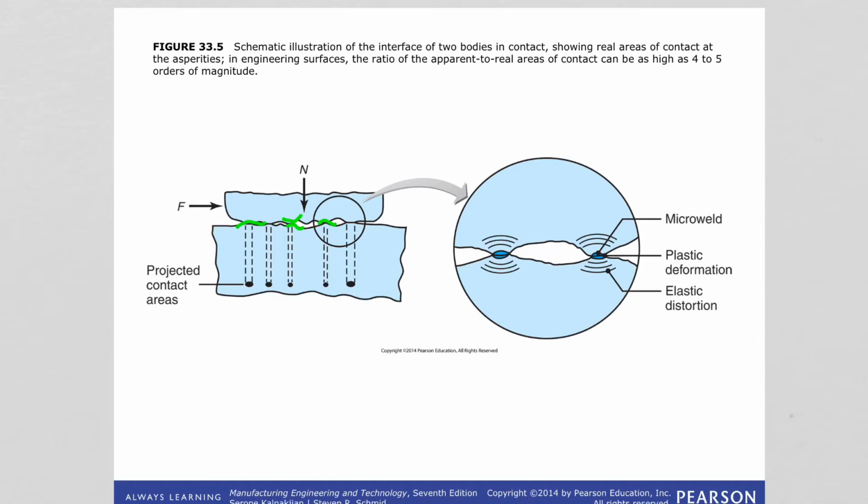In other words, we can say the asperities form micro welds, tiny regions where welding happens due to plastic deformation. So it takes a certain force to shear the micro weld. The cold pressure welding we have learned is based on this principle, for example.